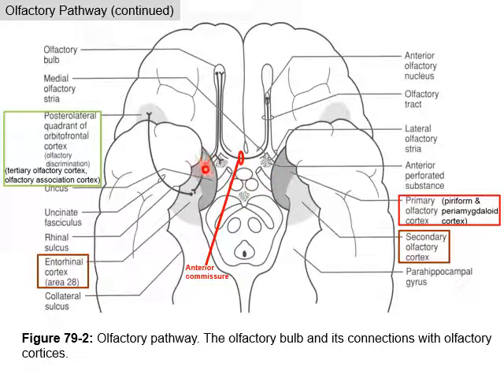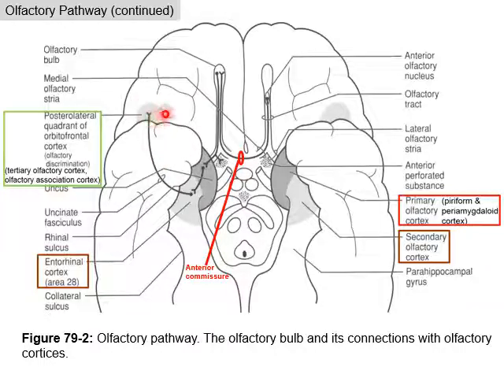From the primary olfactory cortex, the axons of the neurons reach to the secondary olfactory cortex, which is called the entorhinal cortex or area 28. And from the secondary olfactory cortex, the neurons send axons to reach to the tertiary olfactory cortex.